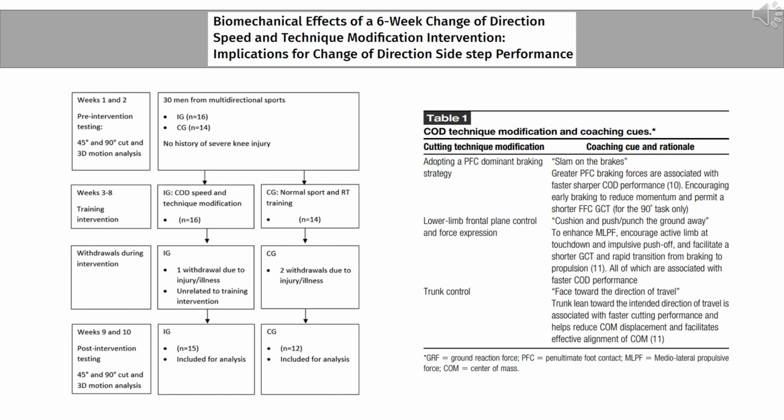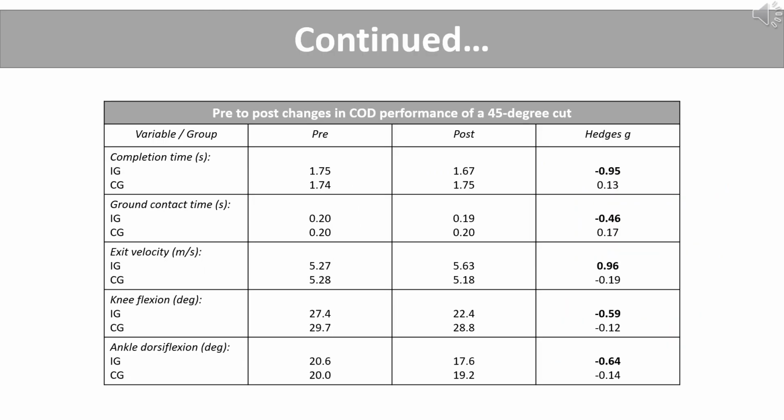And that's what the next two slides are going to focus on now, those results. Tom looked at quite a wide array of different variables and metrics during these 45 and 90-degree cutting tasks. I've only presented a handful here, just to try and showcase my point.